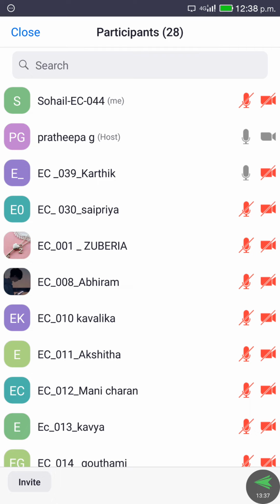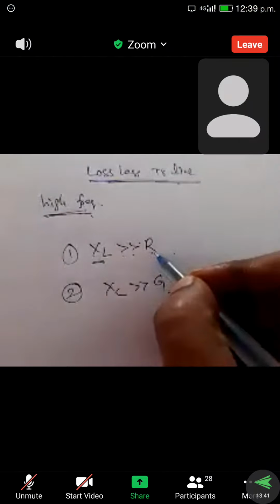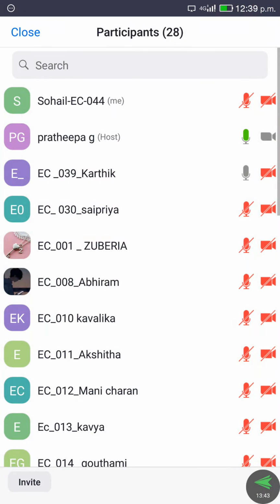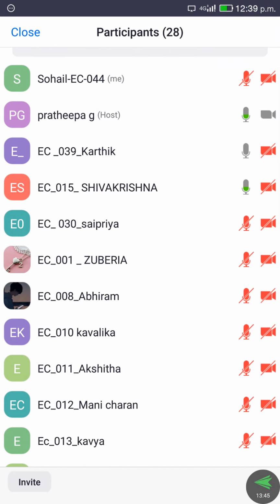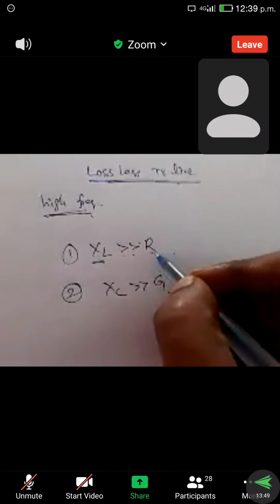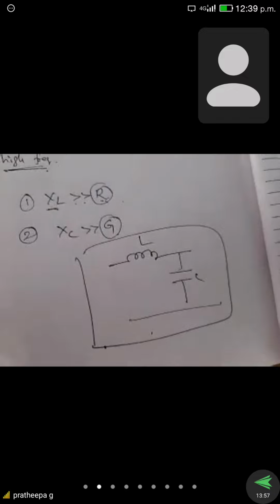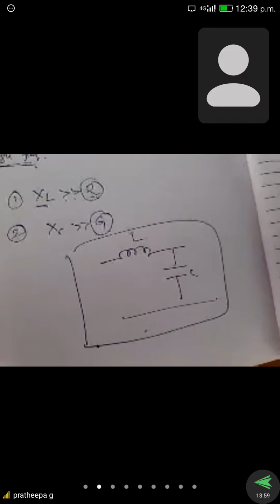Yes or no? Yes, madam. Then in the transmission line we have only L and C. So this circuit can be called a lossless transmission line. Okay? So clear? Lossless transmission line using L and C only.